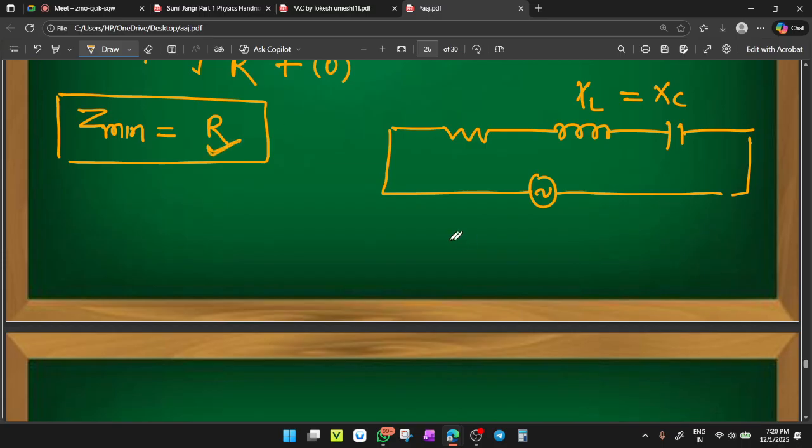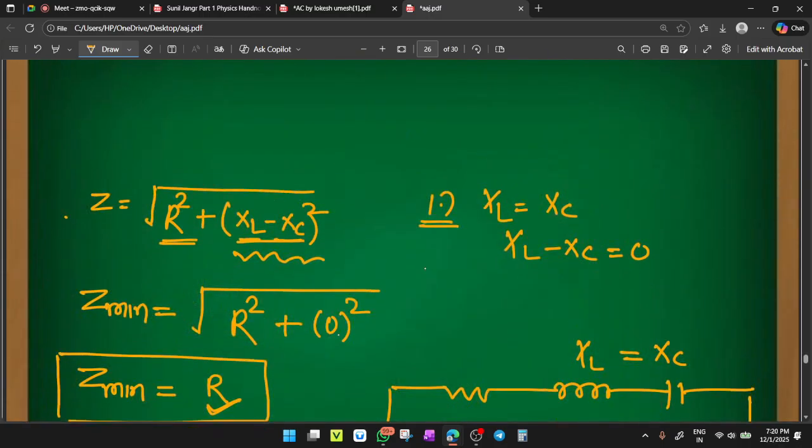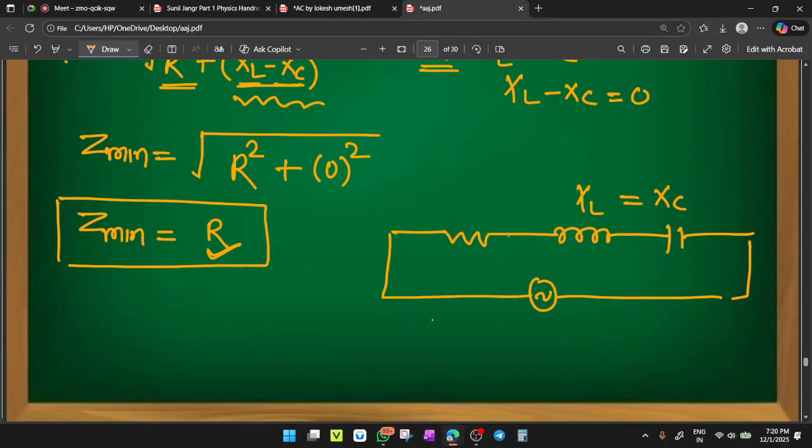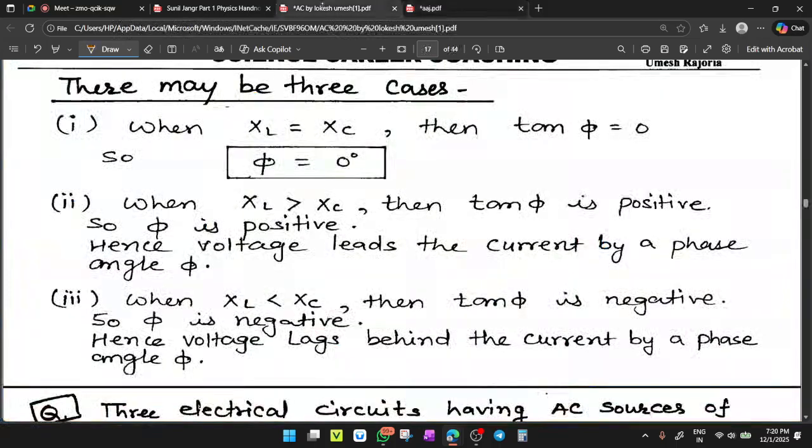At that time the net impedance of the circuit becomes equal to R only. So the circuit is equivalent to a purely resistive circuit. The minimum value of the impedance equals R when XL equals XC.